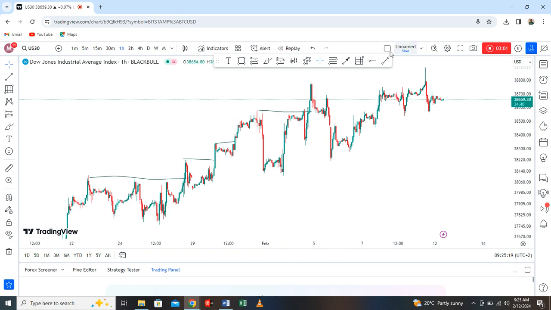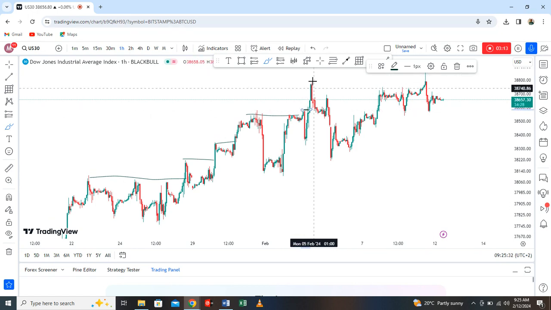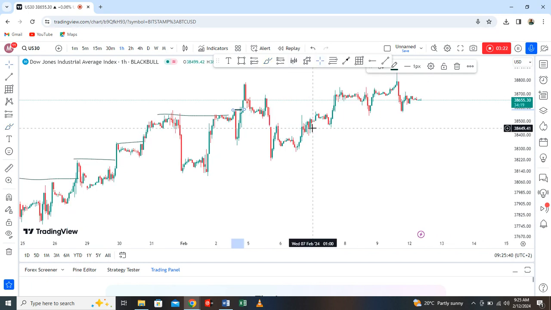So even here, where there's a break of structure, and even here, if I'm focusing only on this part, this is my last low before this break of structure.